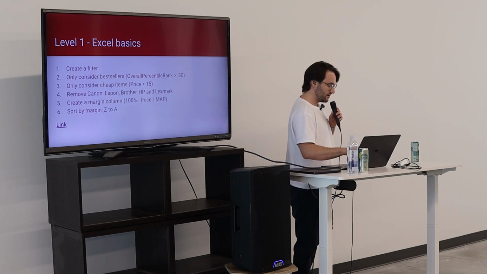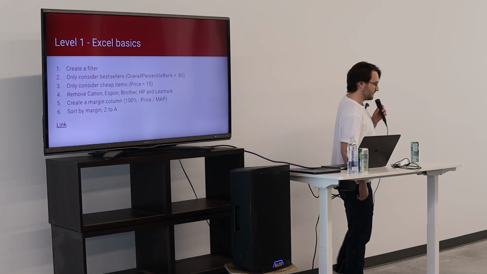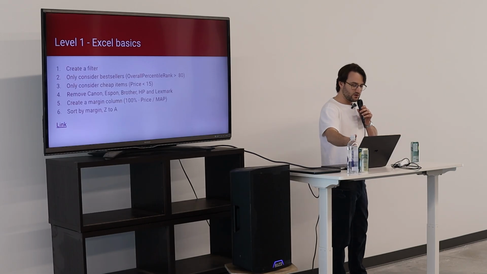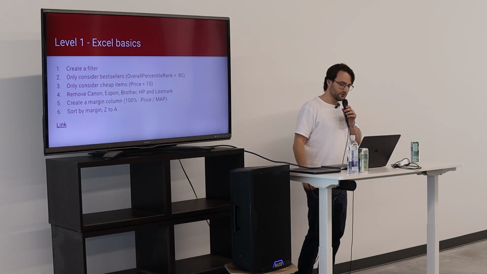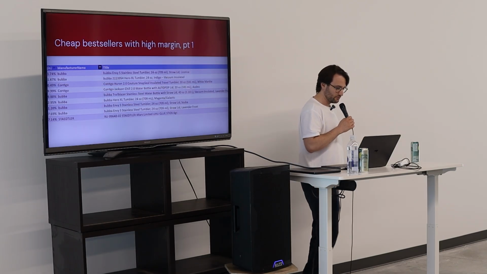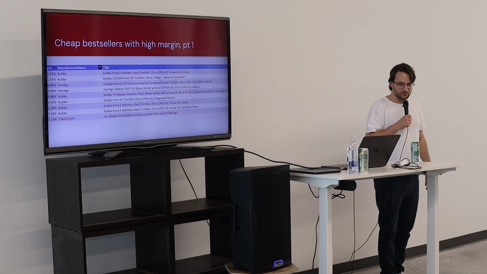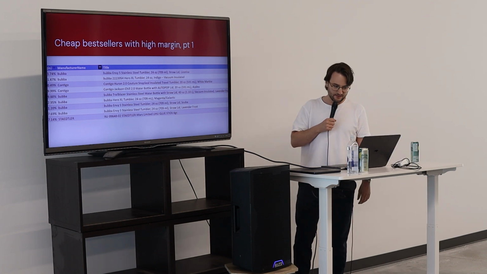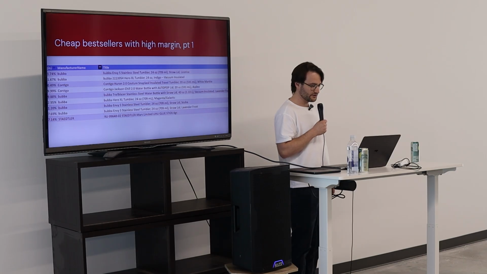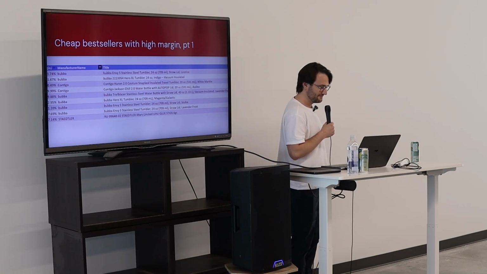Then I created a column to calculate the margin. The margin is price divided by the MAP pricing, minimum advertised pricing. Then you subtract that from 100 to get your margin, and then you sort. And here's the result. If I wanted to find the best cheap product to sell in my store, right now it would be a tumbler.